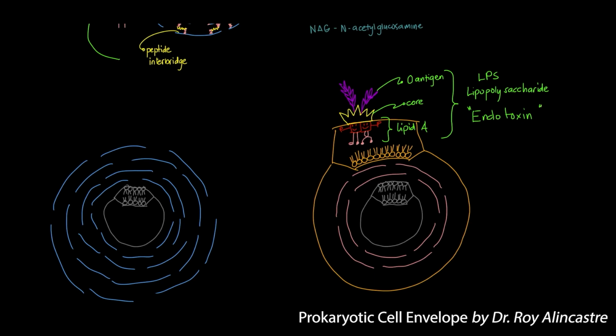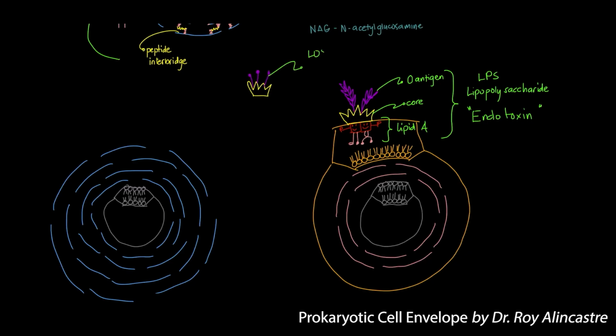Alright? Also, the O antigen is highly immunogenic, meaning it causes our immune system to react, but it is not toxigenic. Lipid A, on the other hand, is toxigenic, meaning it causes damage, but it is not immunogenic. Okay? Other endotoxins, however, only have shorter antennas instead of headdresses.